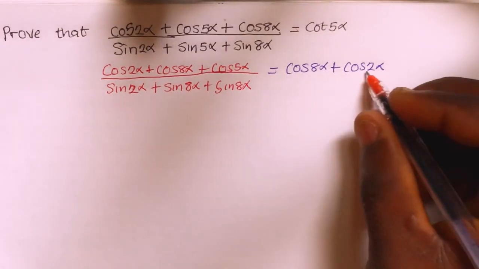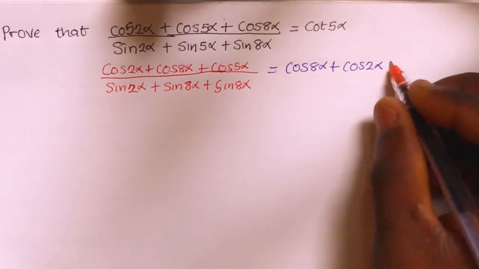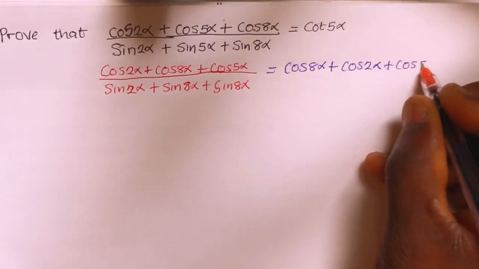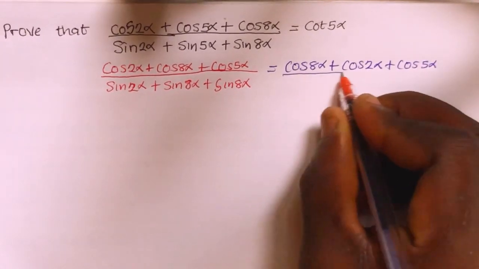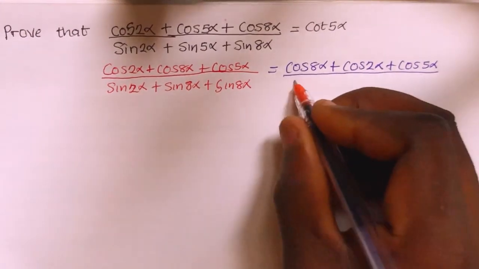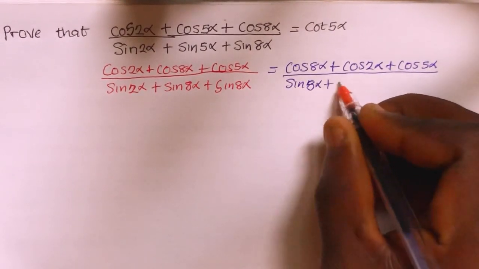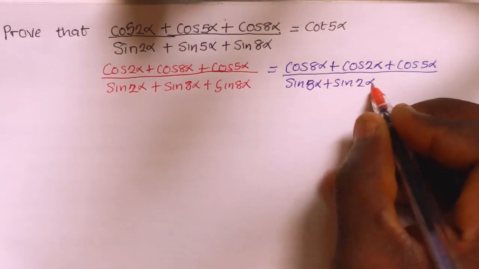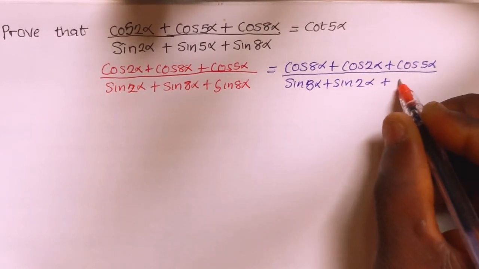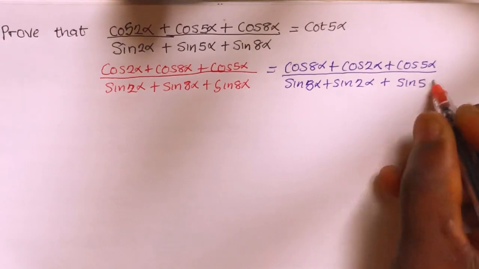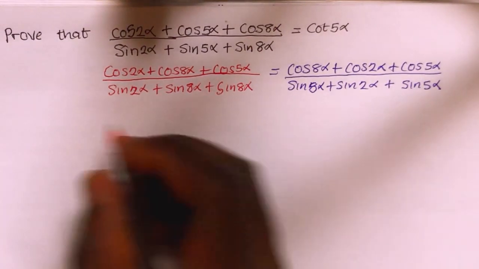So plus cos 5 alpha, divided by sine 8 alpha plus sine 2 alpha plus sine 5 alpha.